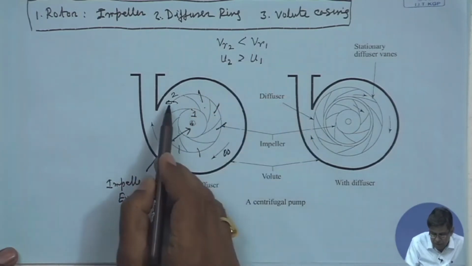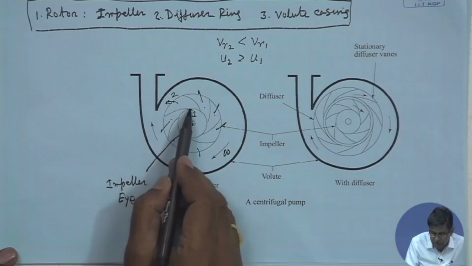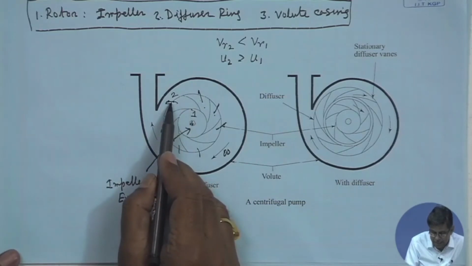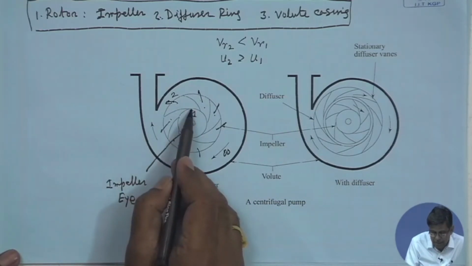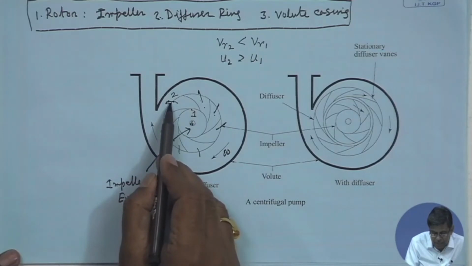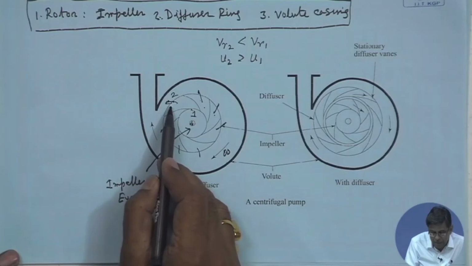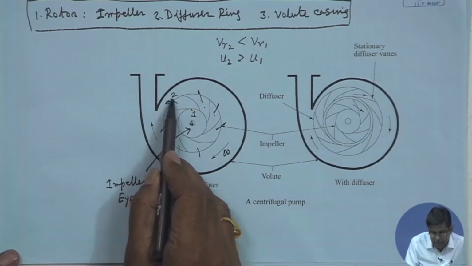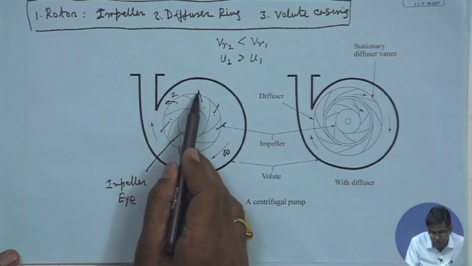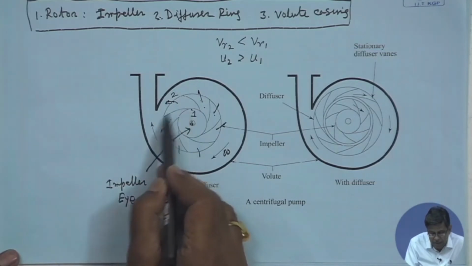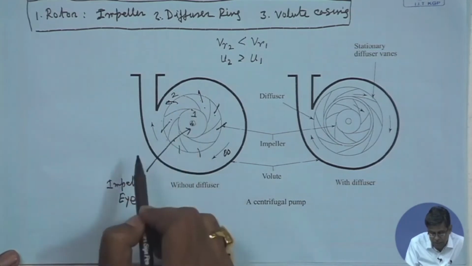So, therefore, the centrifugal head, which is manifested in terms of the static head, is more at the outlet than at the inlet. That means, when it comes here, it has both pressure energy or static head because of high pressure, and at the same time kinetic energy. Substantial kinetic energy is there because of the velocity which it gets by the impulse action of the impeller blades.